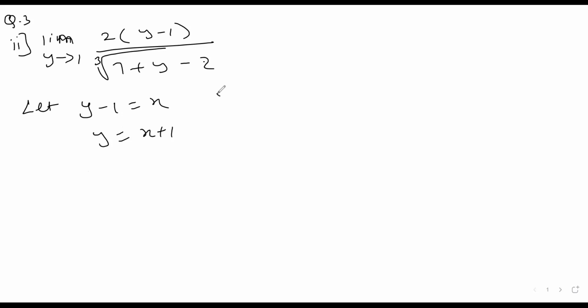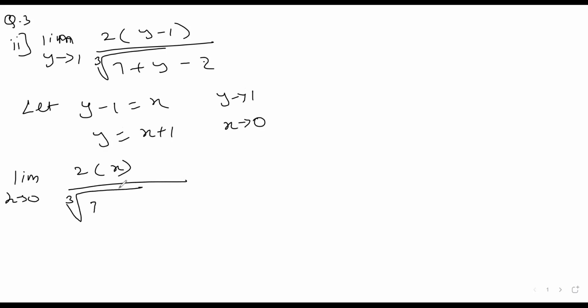Okay. As y tends to 1, x will tend towards 0. So I will get here limit x tends to 0, y minus 1 will become x upon cube root of 7 plus y, x plus 1.